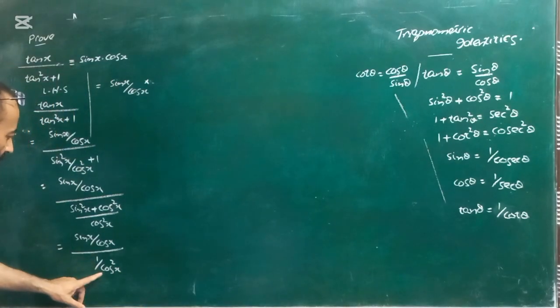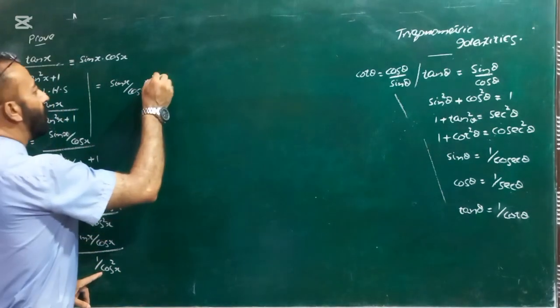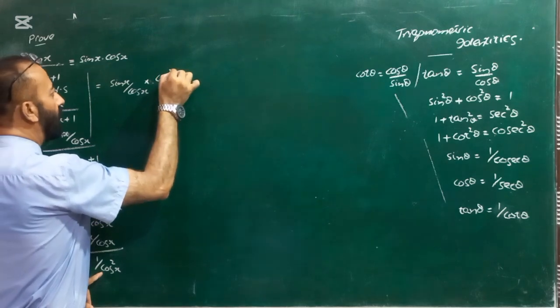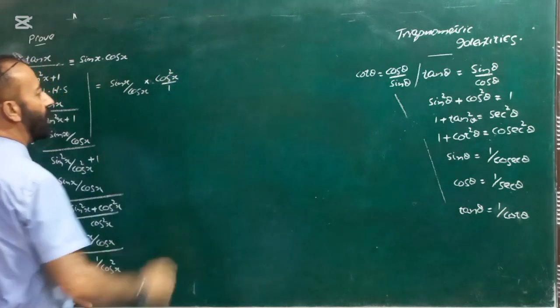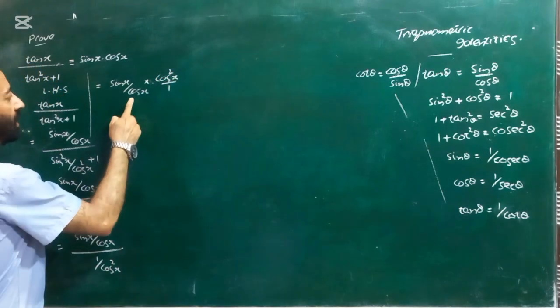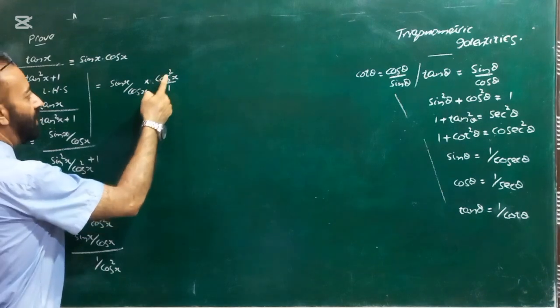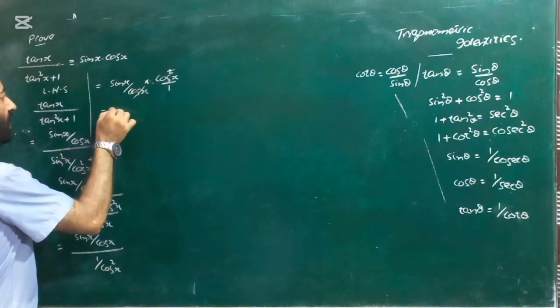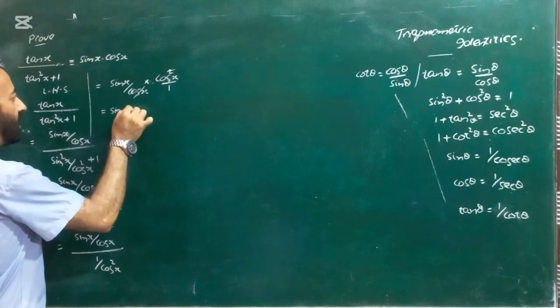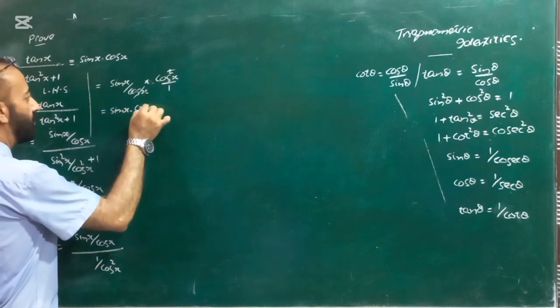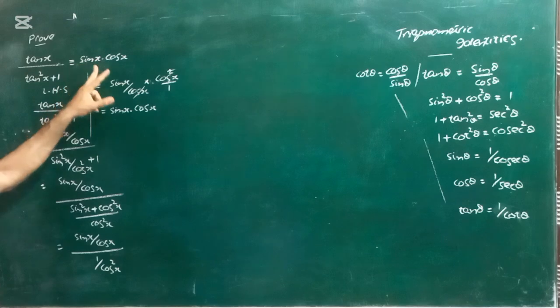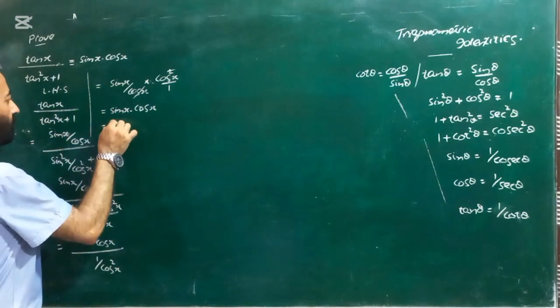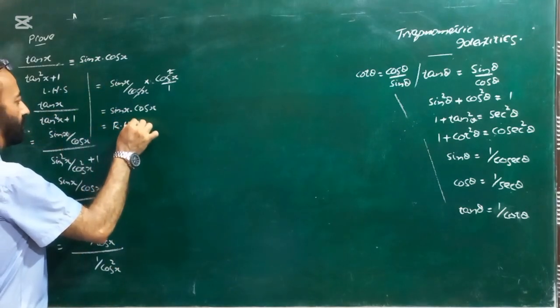So 1 over cos square x will become cos square x over 1 in the numerator. From here you can see one cos will be cancelled by this one. So the remainder will be sine x into cos x. So this is the right hand side, which is proved.